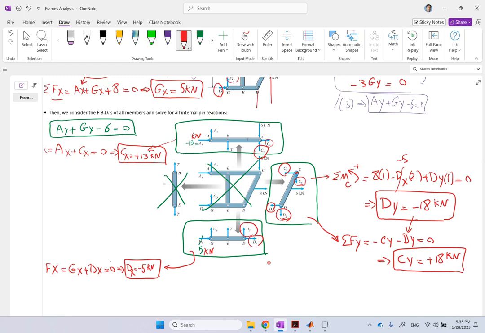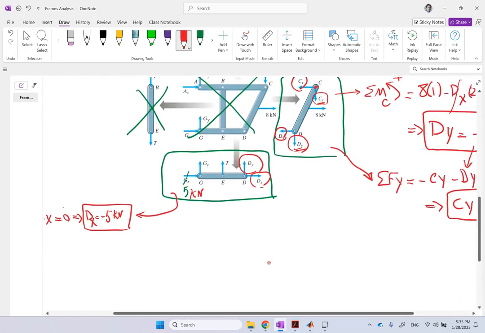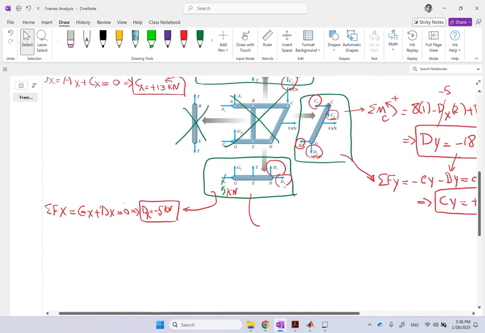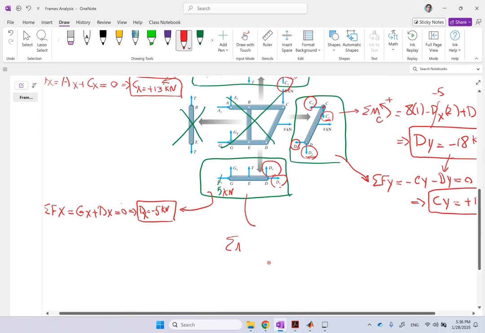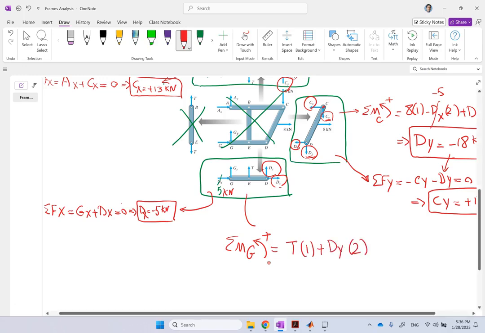That's all it is. So for instance, I can come in this one and take some of the moment about g, because gy goes away, only t stays, and dy. So that is going to be t times the distance, which is 1, and plus dy times the distance, which is 2.